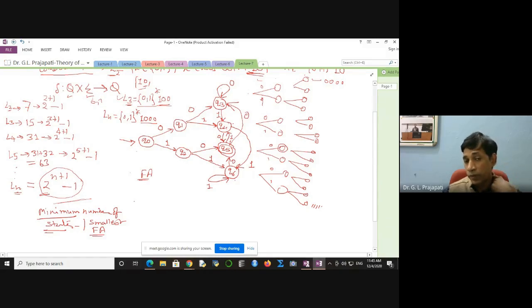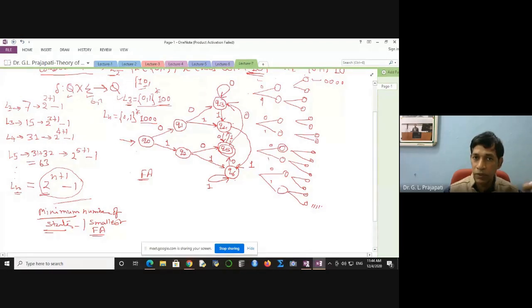A number of FAs can be constructed for the same language. And among the available FAs, like among the available algorithms for a problem, we need to select the efficient one. Your FA is efficient if and only if it has the smallest possible number of states.